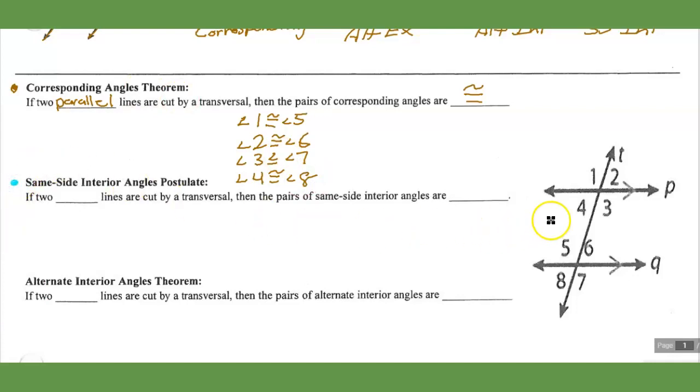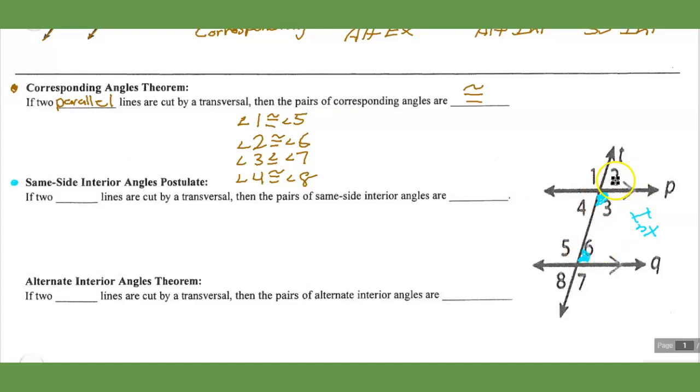Same side interior. So again, here's the interior on the same side. Now you can see that one is obtuse and one is acute, right? And we could show pretty fast, since 2 and 3 are linear pairs, we know that they add up to 180. But from our last theorem, corresponding angles, we know 2 is also the same as 6.